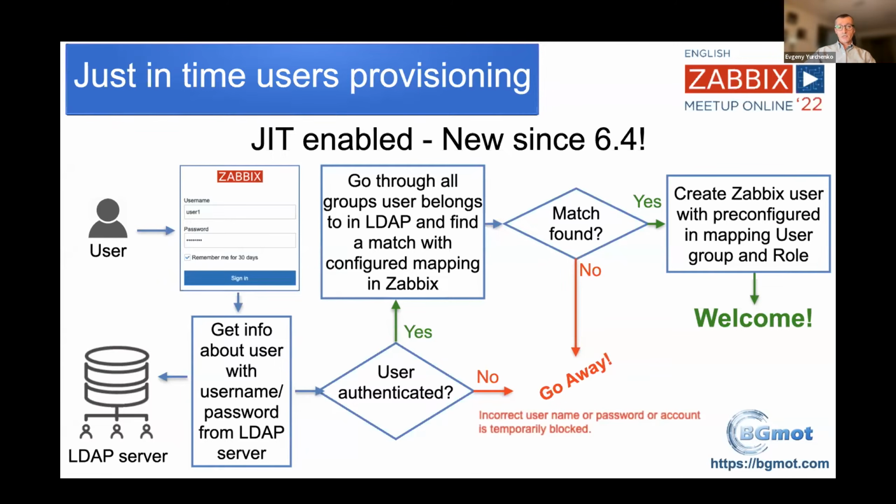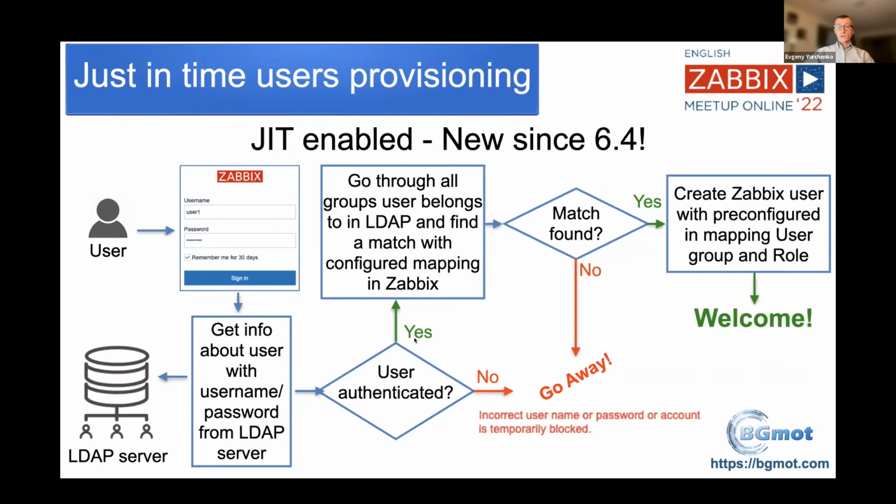If you're authenticated, then Zabbix goes through all groups this user belongs to in the LDAP server and finds whether there is a match with the configured mappings in Zabbix. We'll talk later about Zabbix mappings. If any match is found, we know how to map the LDAP group to a Zabbix internal user group.